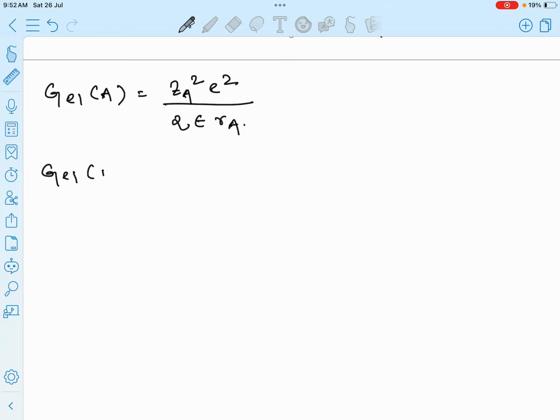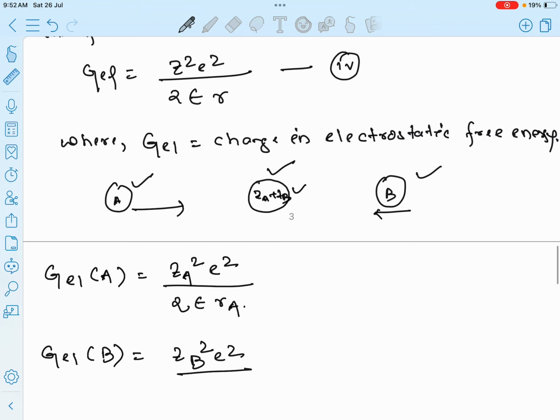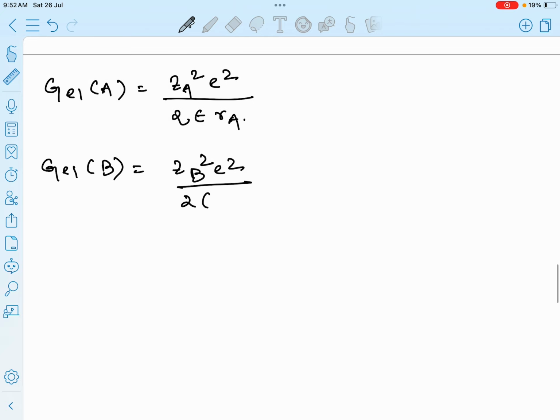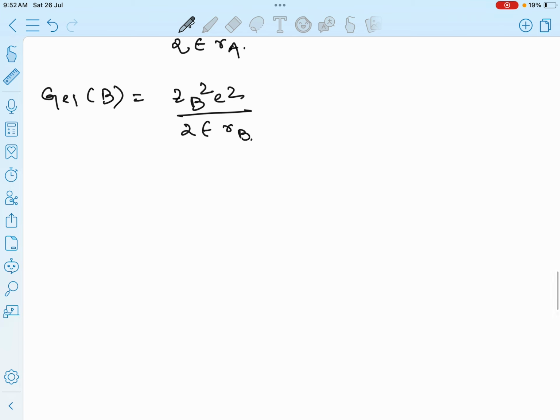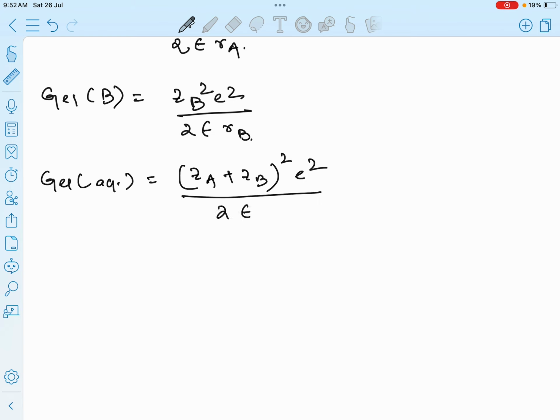Similarly, G EL of B can be given by the square of the charge on the B ion divided by 2 epsilon R B, that is the radius of the B ion, and G EL of the activated complex, which has a charge that is the sum total of the charges appearing on each ion respectively, divided by 2 epsilon R eq.